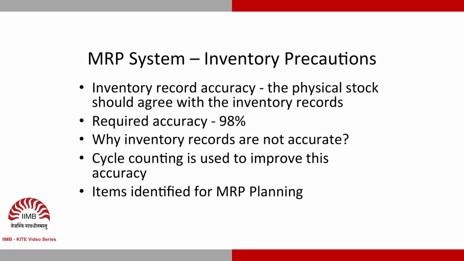So, such items we drop from the MRP planning system altogether, which means I am now categorizing the items as items meant for MRP planning and items meant not for MRP planning. Because I have removed those items for which physical stock accuracy is difficult, my inventory record accuracy for MRP planning items automatically is improved.